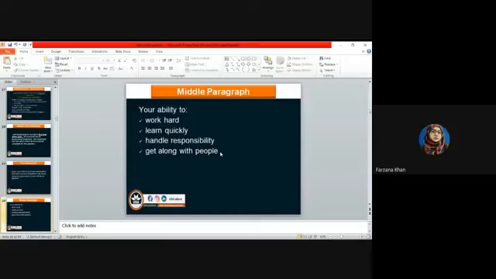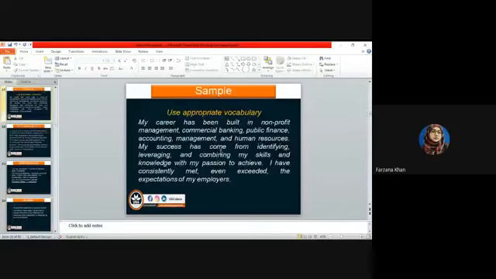Here you can see the sample. My career has been built in non-profit management, commercial banking, public finance, accounting management, and human resources. So in the first sentence of the middle paragraph, he has given the different specific subjects and the experiences in the fields which he has. I mean, he is showing his diversity.